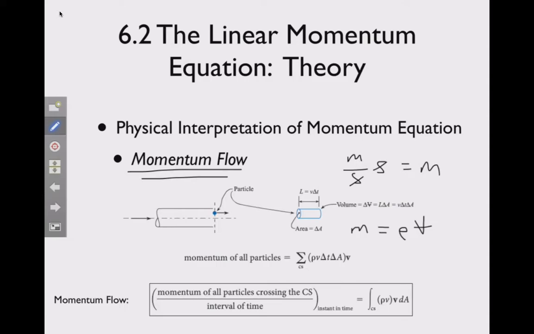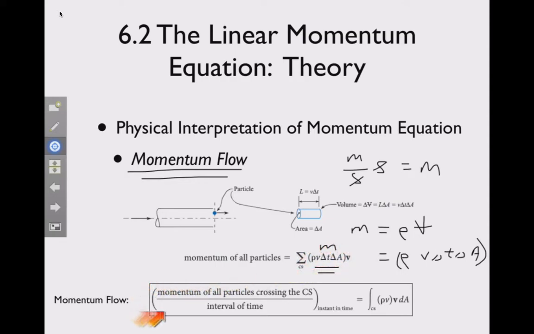But of course, in this case, our volume is equal to v delta t, that was our L, times delta A. So this turns out to be our mass here. If we sum all the mass going through the control surface, that's going to give us the momentum at any time.